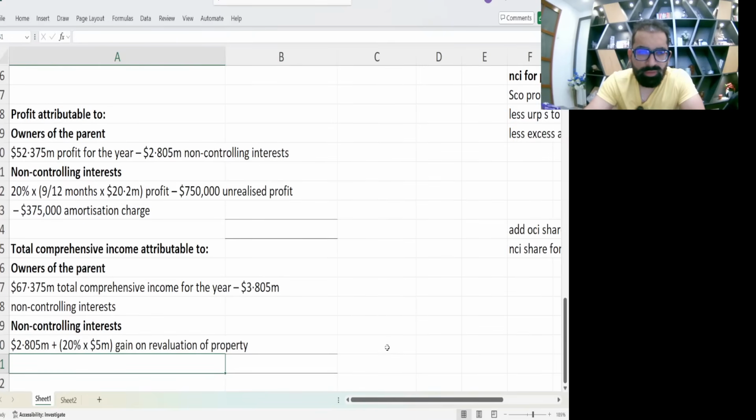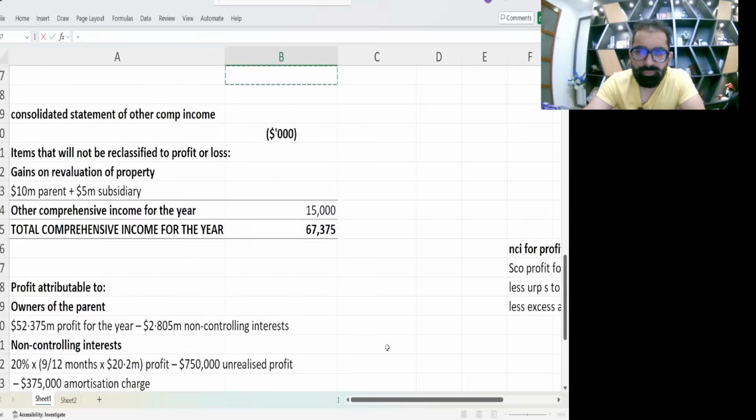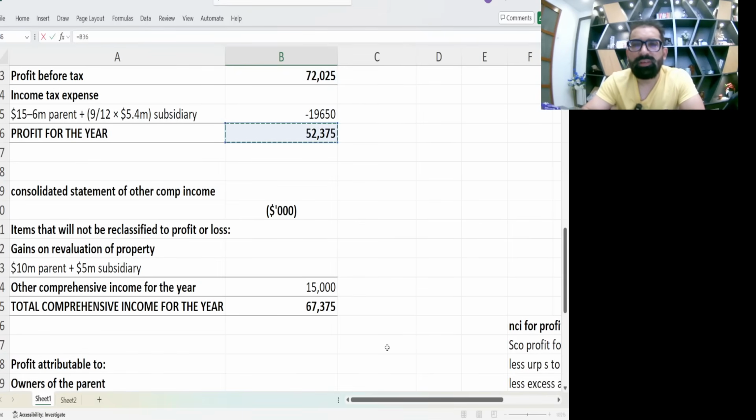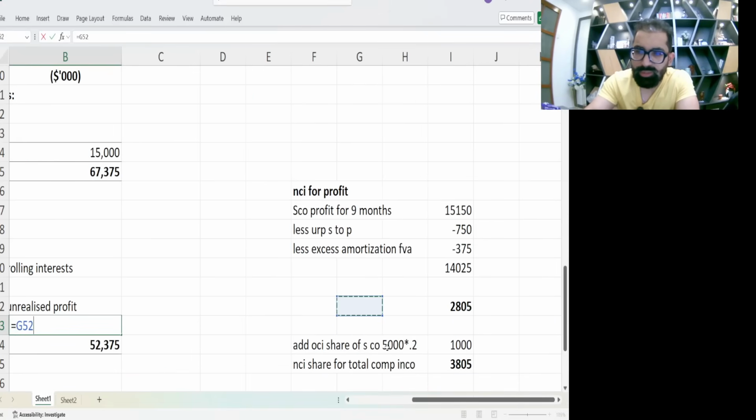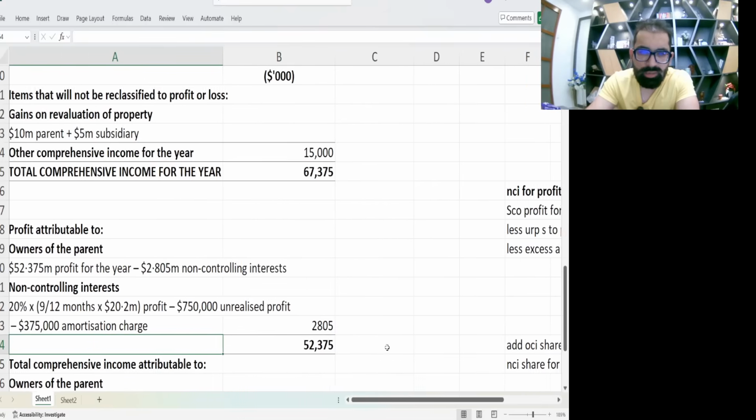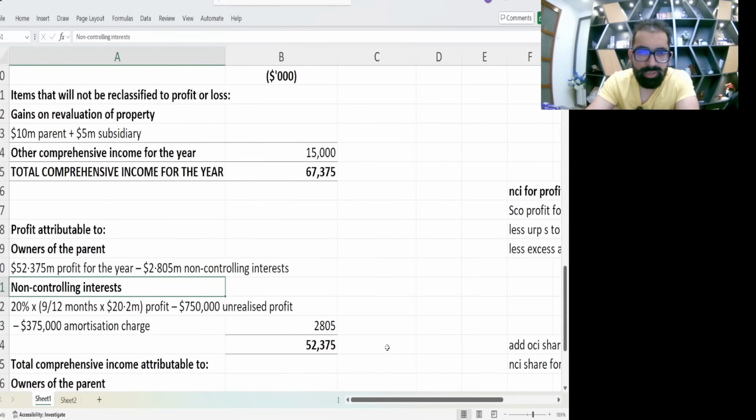First of all, what is the overall profit? 52375, when we were doing it as if we own everything, in Urdu we say hum hi hum wala profit. And out of this, what is the NCI? I have just calculated NCI as 2805. So what will be the parent company's share?